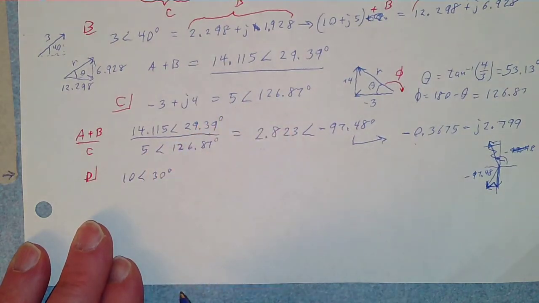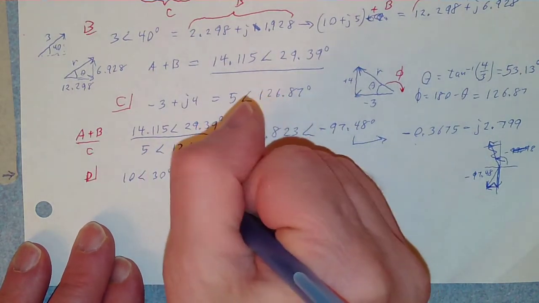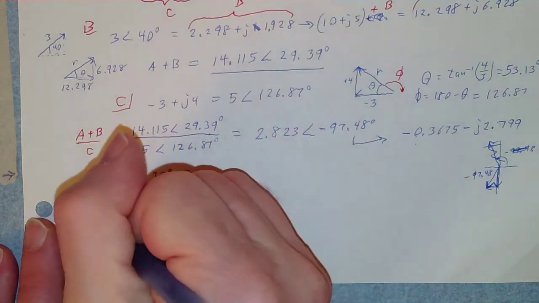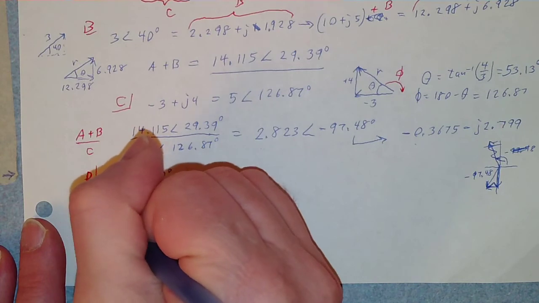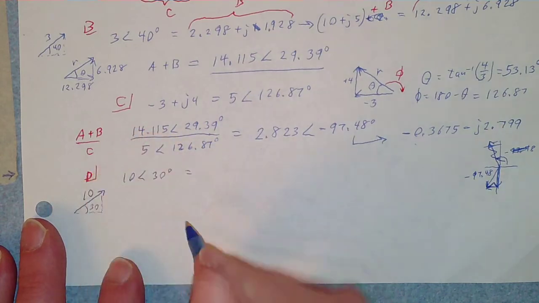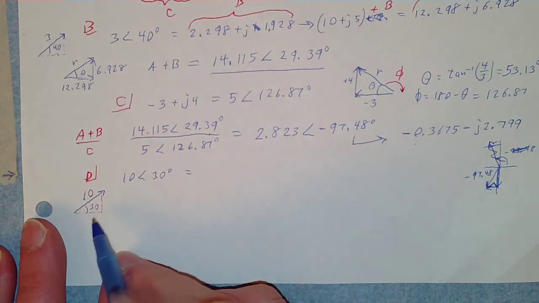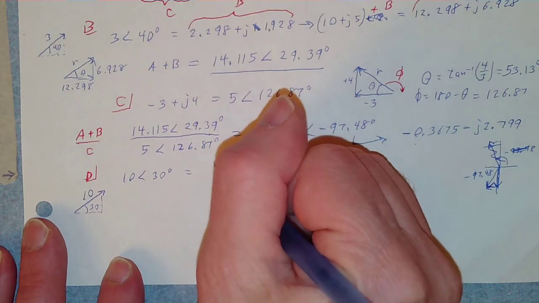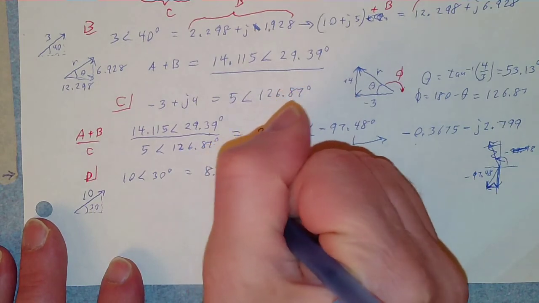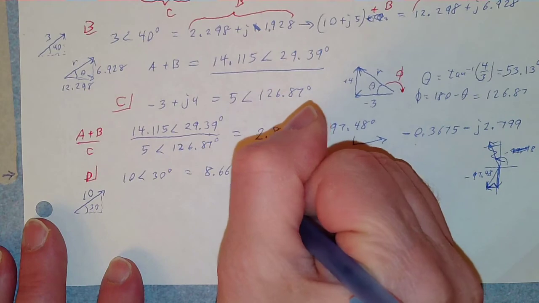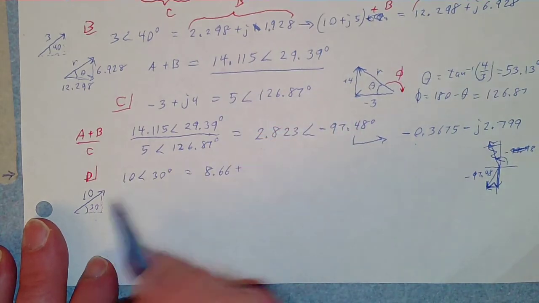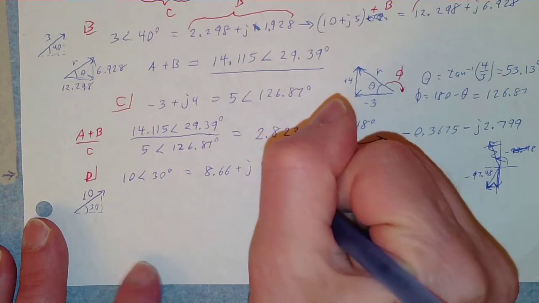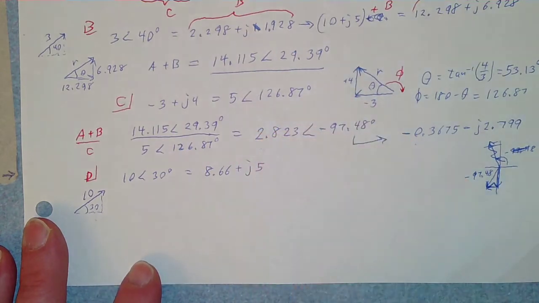So that is going to be equal to, I'll sketch this out, 10 at an angle of 30. We've got 10 cosine 30, so that turns into 8.66 plus, 10 sine 30 for the J component. We've got 5 there.